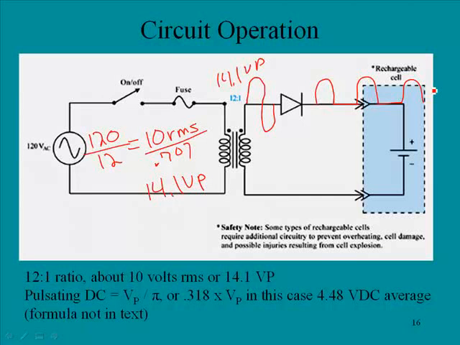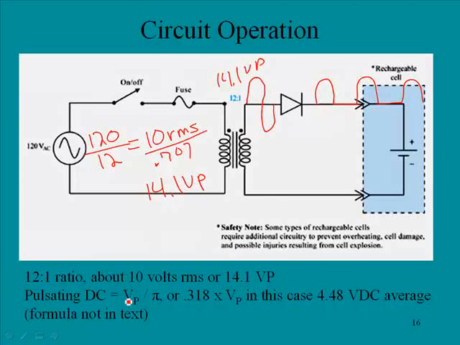Now, that doesn't really look like DC, and the reason they call it pulsating DC is because it is all going positive, and if we were to average this value, we have an average DC level. And there actually is a formula for doing this. Your text doesn't address it. I'm going to mention it briefly. You're not going to be tested on it, but just for purposes of information, this is the formula.